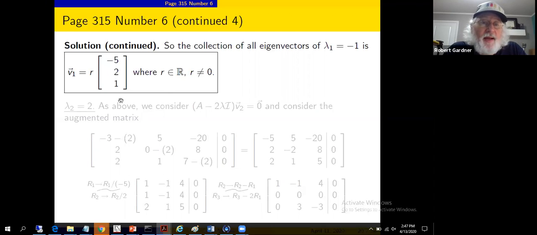Now we need to pick one eigenvector from this infinite collection of eigenvectors. How about we let R be 1? If we let R equal 1, then we'll use the obvious thing, -5, 2, 1. If you want to use R equals 3 and take the vector -15, 6, 3, nobody can stop you from doing that.